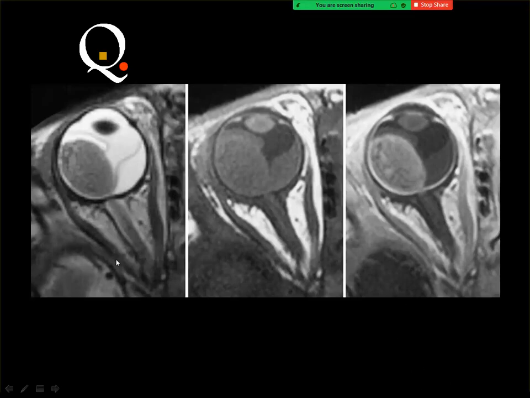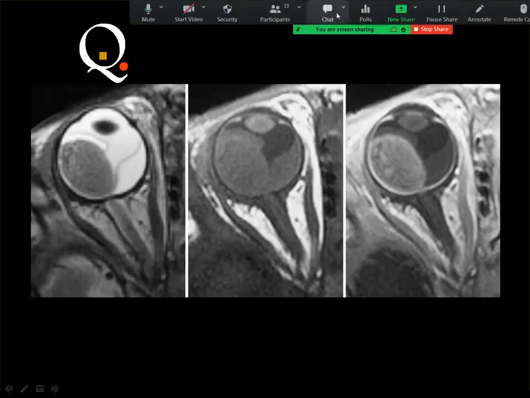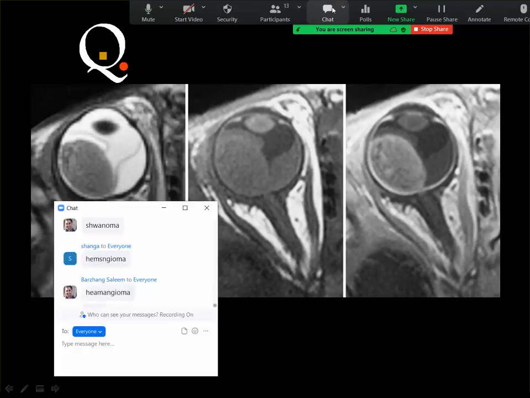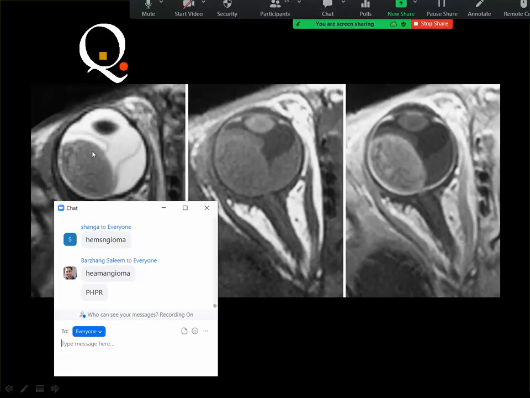The next case is an axial T2, T1, and T1 post contrast for the orbit. No, this is not persistent hyperplastic primary vitreous because the globe is not bright in all bulk sequences.